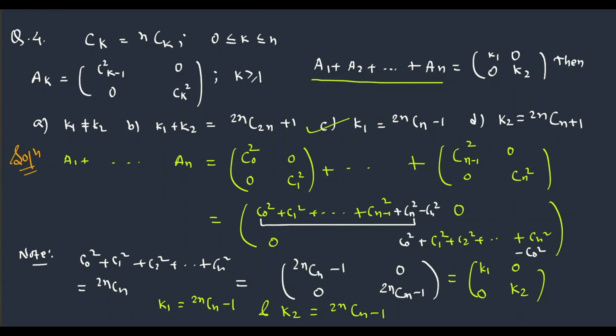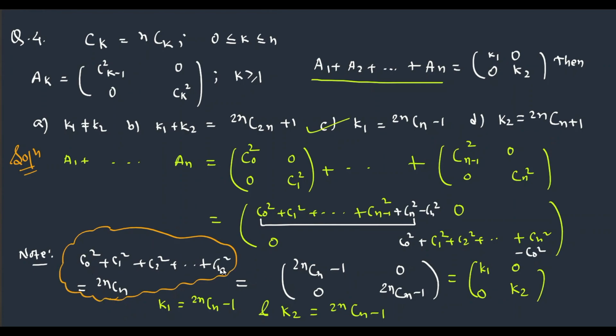Can you explain that part again, where you added and subtracted Cn square? Yes, this formula exists in binomial coefficients. If you have C0, C1, C2 up to Cn square, this result will be this one, equal to 2nCn.